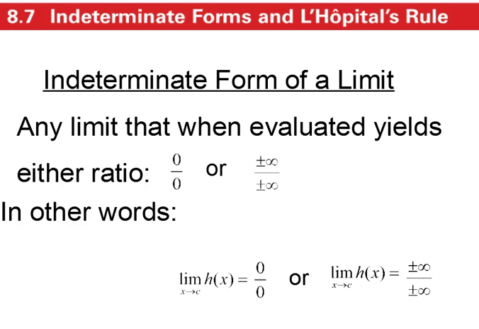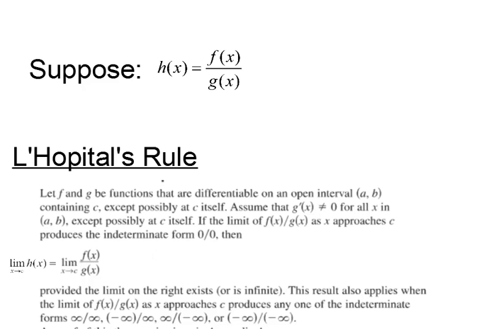Now, does everybody see this function f of x, or h of x? Let's suppose that h of x is equal to f of x over g of x. Well, doesn't that mean then that the limit as x approaches c of h of x can be rewritten as the limit as x approaches c of f of x over g of x, right?